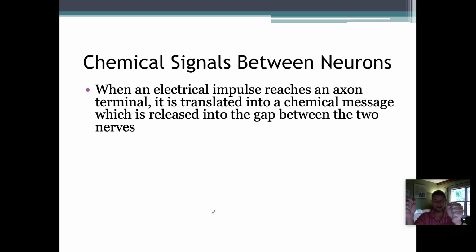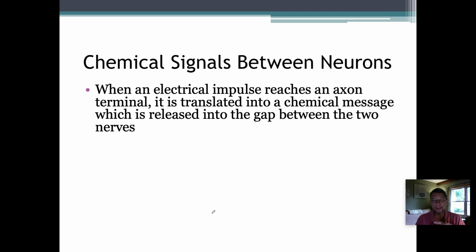It has to release chemicals that then diffuse across the gap and eventually stimulate a new electrical impulse in the next neuron. All right, and so the signal is constantly being changed every time you reach the end of a neuron, from electrical to chemical and then back to electrical, because again, the electrical signals can't jump across that gap.